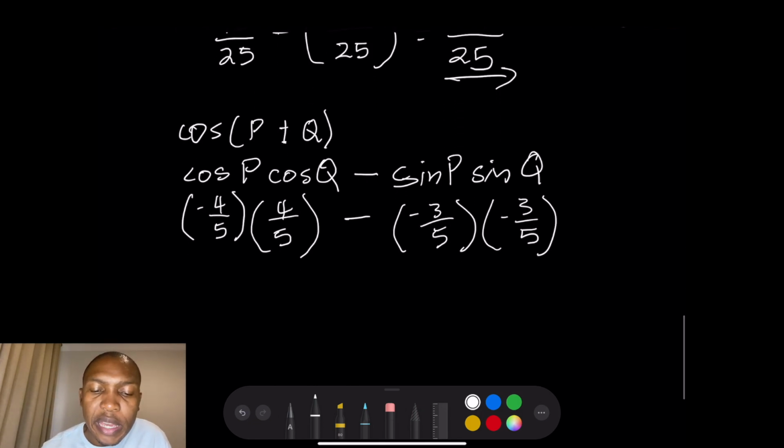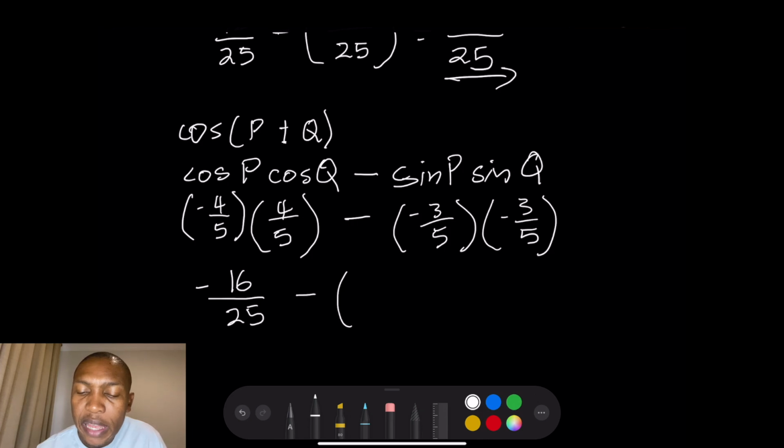Right, so in this case, what do I have? I've got minus 16 over 25. Again, minus, if I open brackets there, I'm going to have negative times a negative again. That's positive 9 over 25.